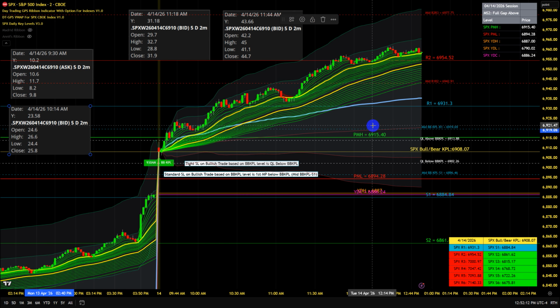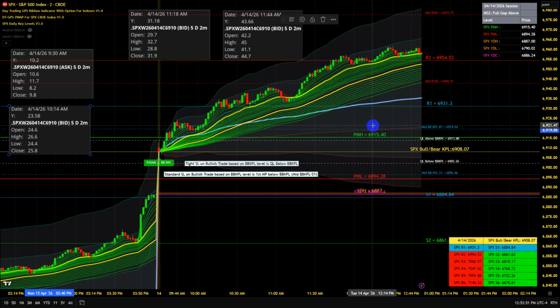The reason it's called the 2-level ideal minimum move is because in about 80% of the sessions that you'll have throughout the year, of which with SPX there are approximately, depending on how the year is with holidays and everything, somewhere between 250 and 255 trading days typically in a year, a lot of times about 252 or so, most of the price action is going to be, on SPX at least, between R2 and S2.